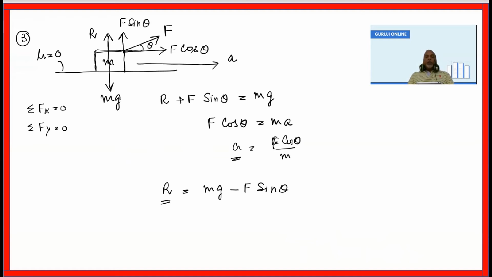Now, suppose this force is having friction.